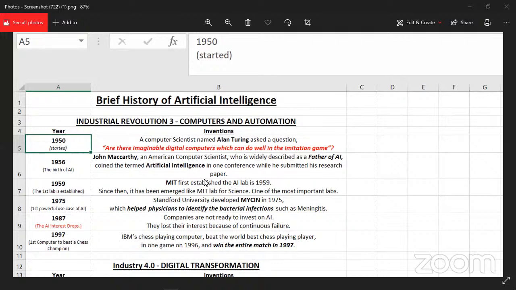Is your screen buffering? Is my screen not clearly visible? Is my voice fluctuating again? Is it fine now? Screen is not visible. Voice fluctuates.